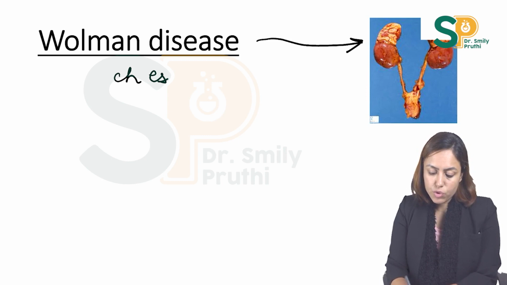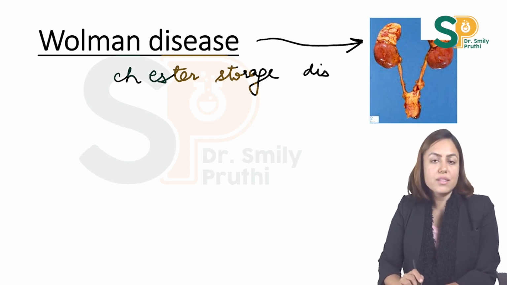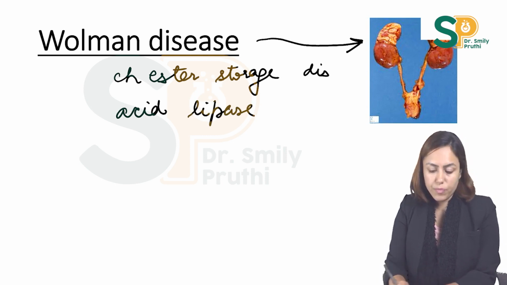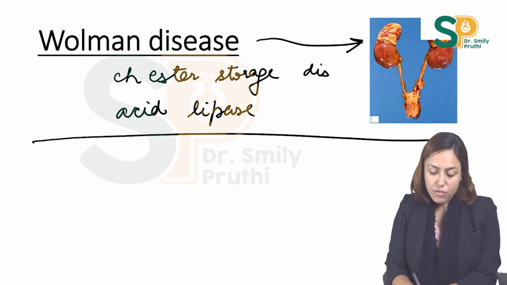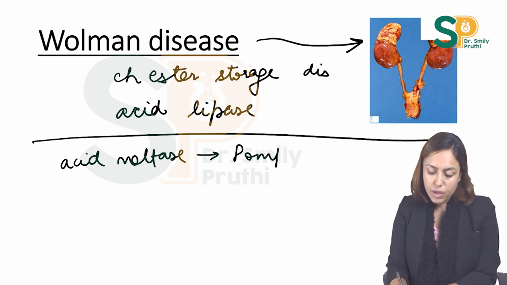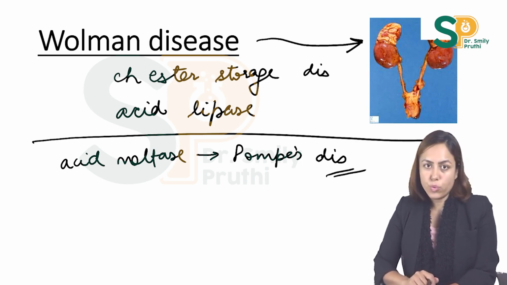Wolman disease is also known as cholesterol ester storage disease. Here the enzyme deficient is acid lipase. Okay. Let's quickly revise. In which disease is acid maltase deficient? Acid maltase is deficient in Pompe's disease. Okay, Pompe's disease is a glycogen storage disease.